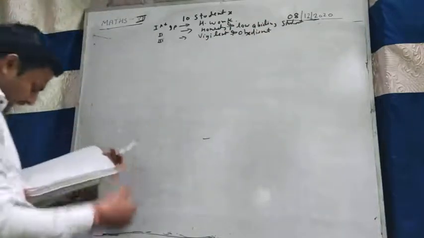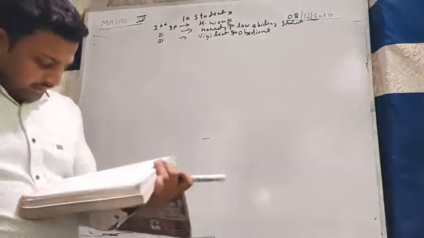The question says that double the number of students of the first group.